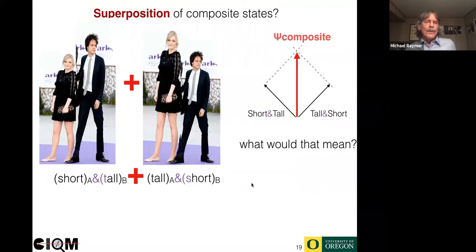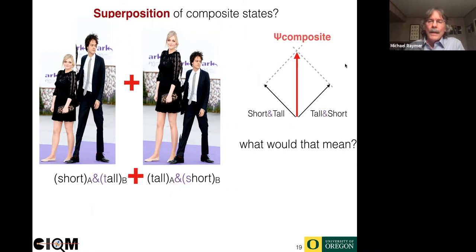So now let's consider superposition of composite states. This is now a new abstract leap, a quantum leap. This wouldn't apply to people, but it could apply to electrons, right? You have this state, which is a possible state, short and tall. Now this state, which is tall and short. Now we agreed earlier, those are mutually exclusive, but we can always make a superposition in quantum physics between two mutually exclusive states.